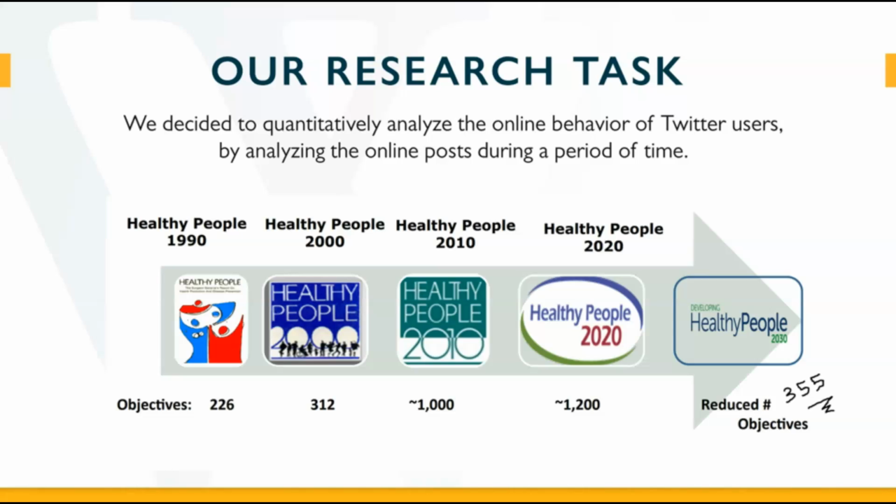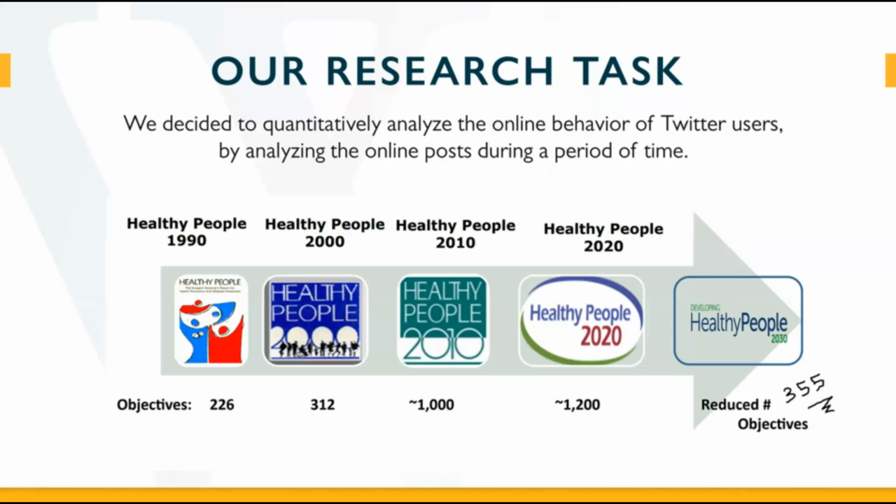But where that compares to Healthy People 2030 is that if you understand the sentiment, and the motivating factors, the driving factors, then you can better address the objectives in Healthy People 2030.